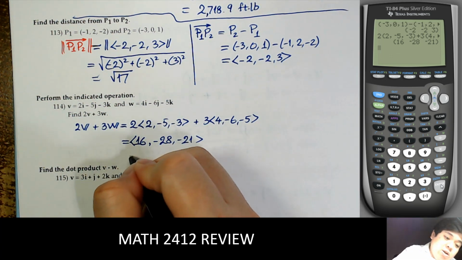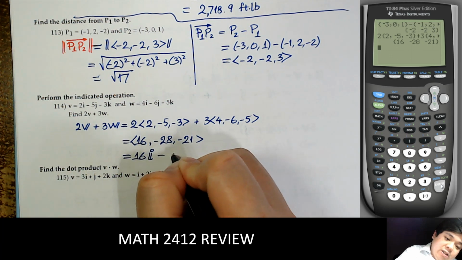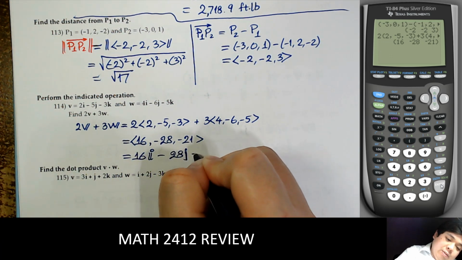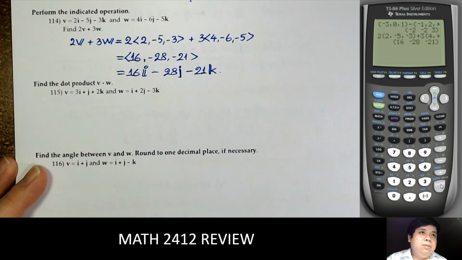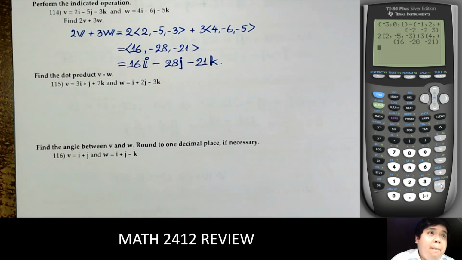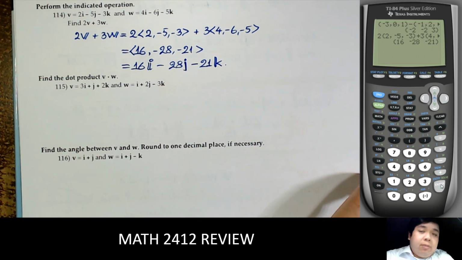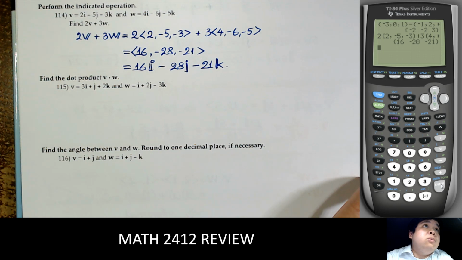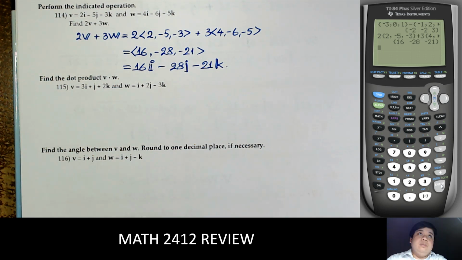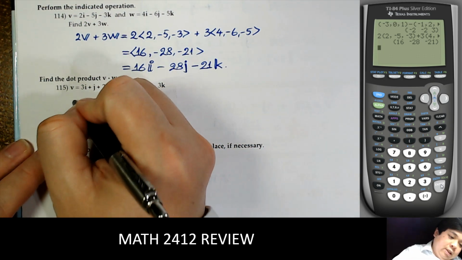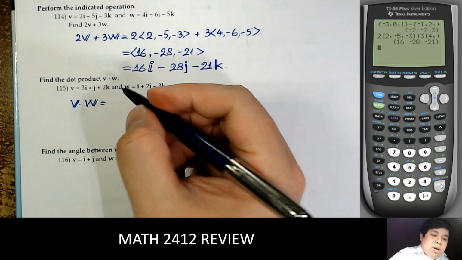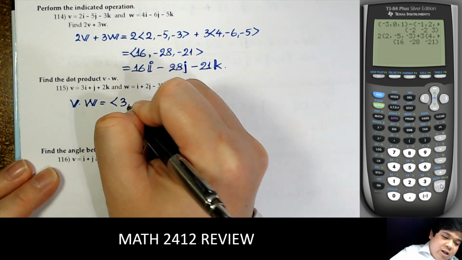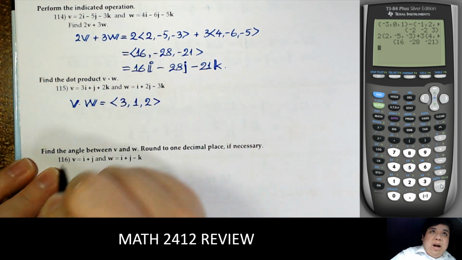So we can write a vector like that, or we can write it in IJK notation. Next, we find the dot product, V dot W. When we see the dot product, it's better to write the vectors in angular bracket notation.